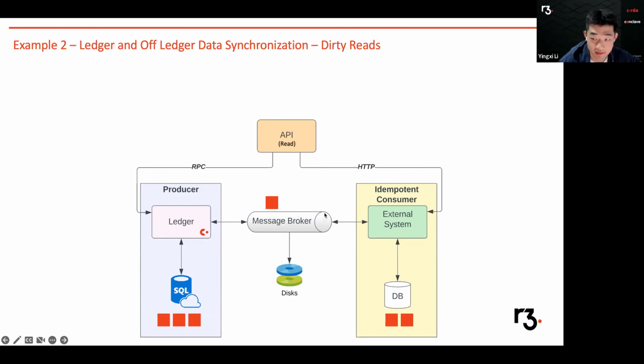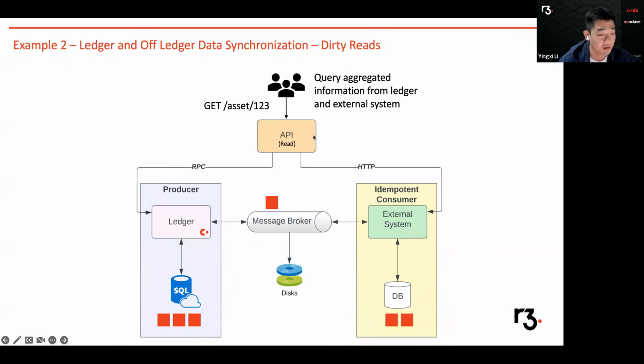But then at this time, boom, a query happens from the end-user applications at the same time. One goes directly through RPC to check the data integrity, and another through HTTP, probably for an internal ledger-keeping or data-keeping system.